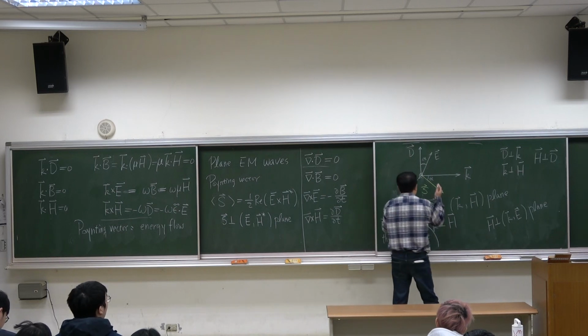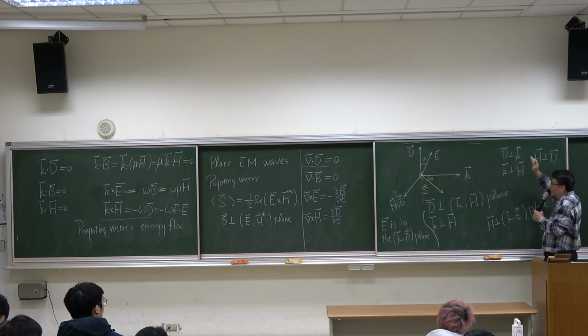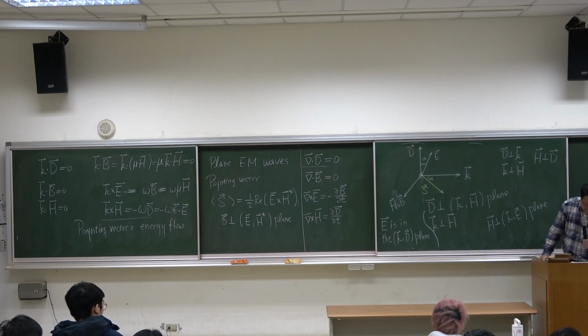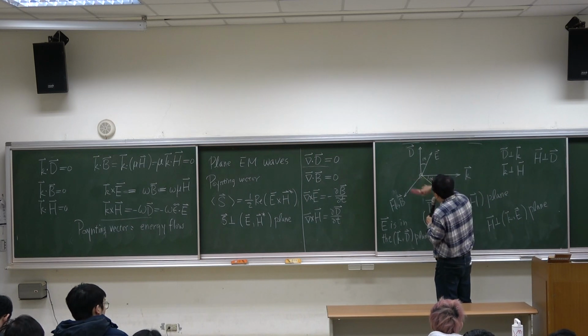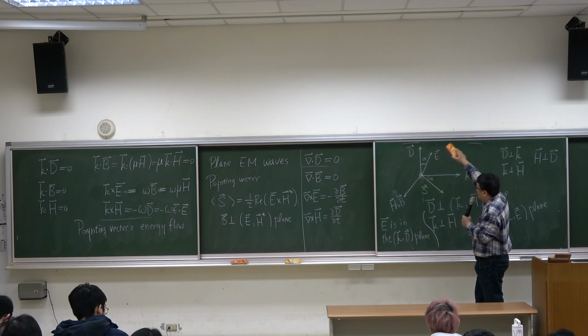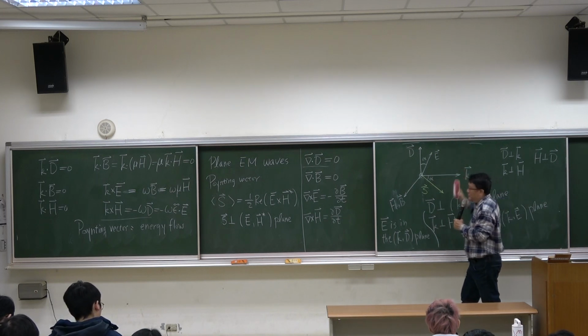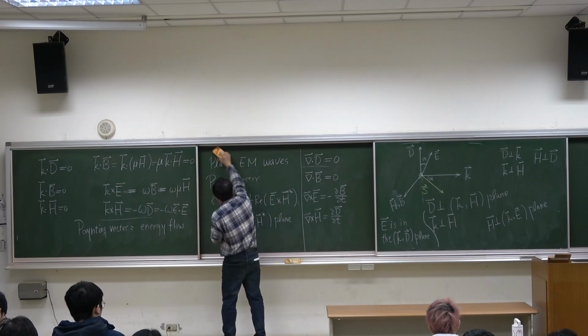And the angle between the E vector and D vector is the same as the angle between the K vector and the Poynting vector. OK，好，那接下来我们要来研究一下这个 dispersion relation 哈。Now, I recommend you to memorize this figure, which will be very helpful.